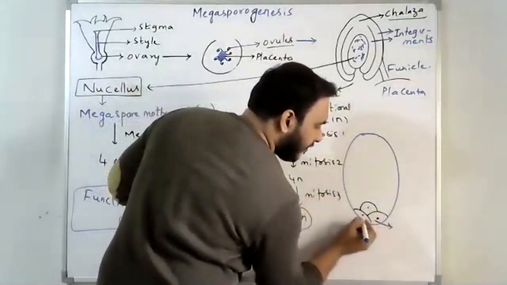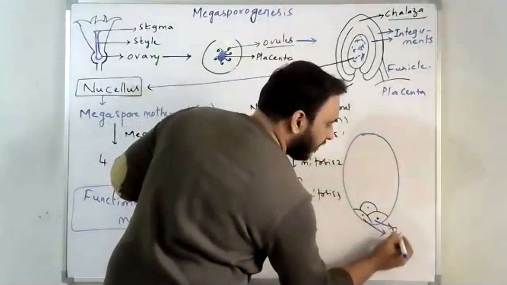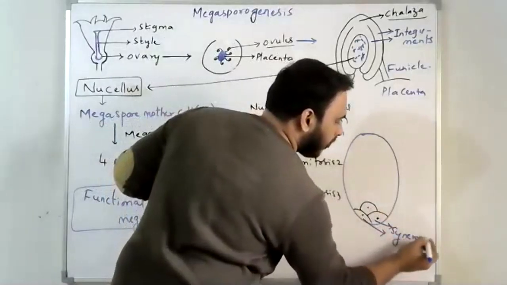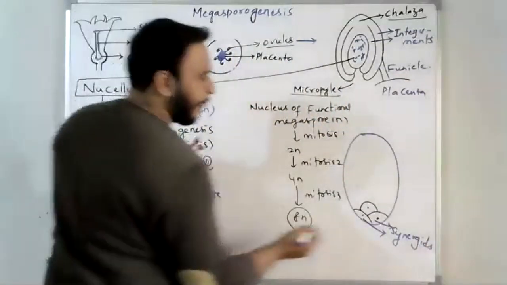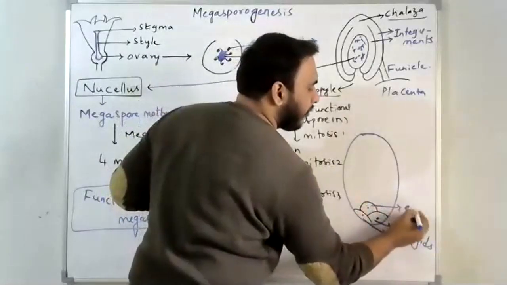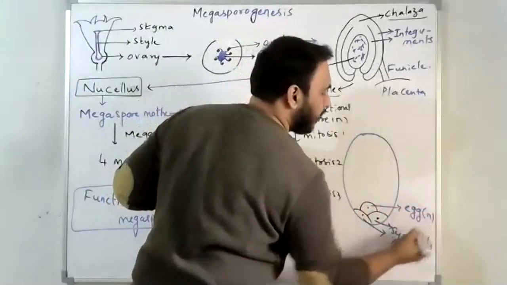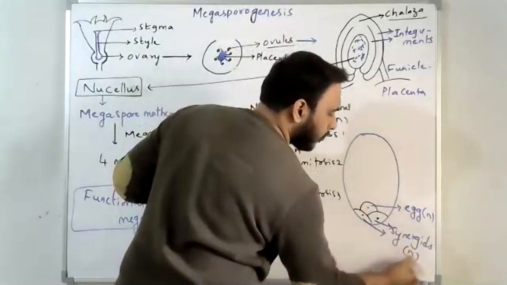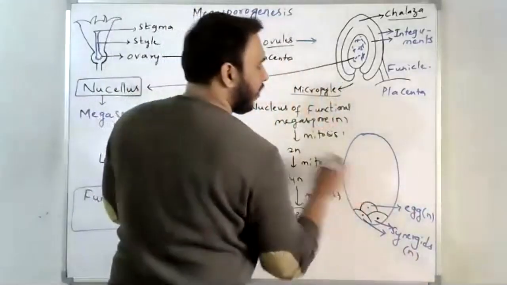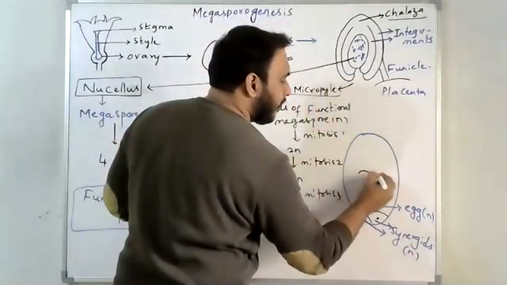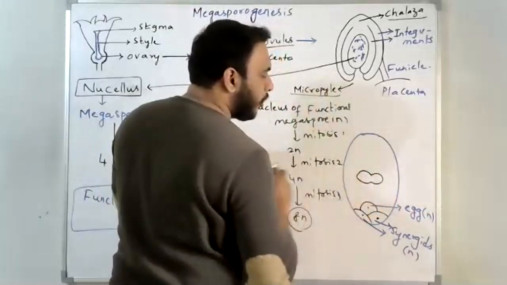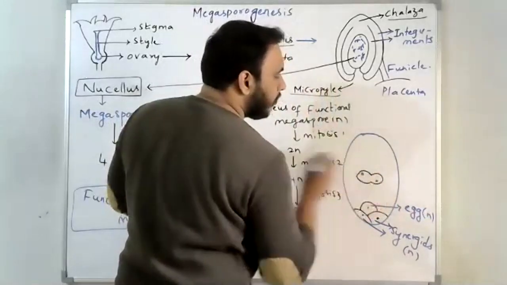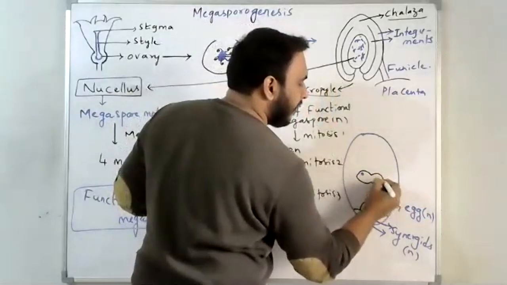These 2 cells are called synergids. And this cell is called the egg, which is also called the female gamete. And the central cell is a single cell with two nuclei.